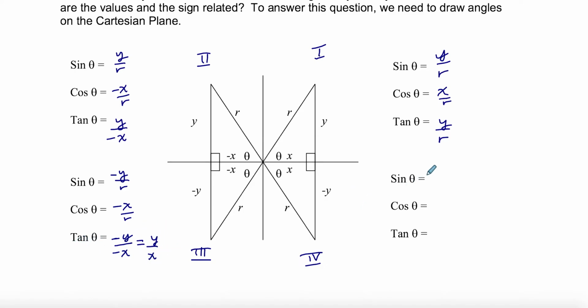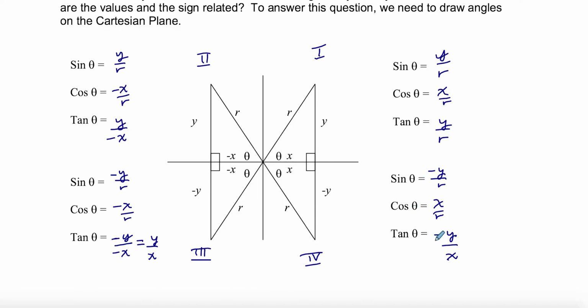When we look over at this one, the sine is, if I'm standing up here, opposite over hypotenuse, negative y over r. Cosine, adjacent over hypotenuse, is x over r. And the tangent is opposite over adjacent, so that's negative y over x. So when I look at that one, the cosine was positive, but the other two were negative.